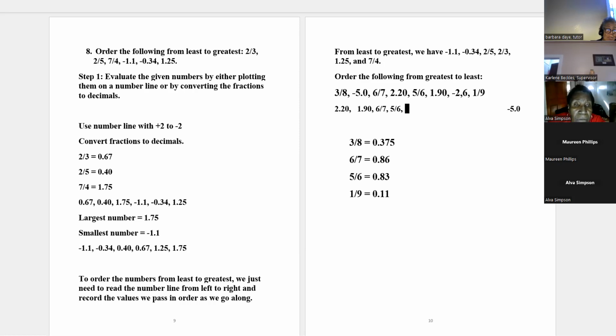No, we don't have a 2/6. It'll be the 3/8. 3/8, yes. Okay, and then what's the one after that? After the 3/8, you have what? Would it be 1/9? No.